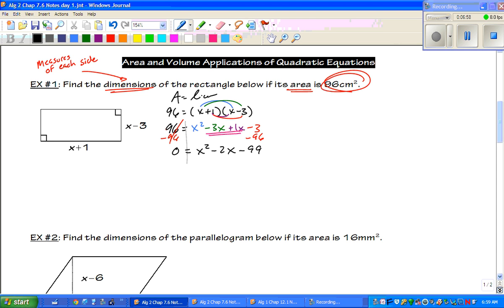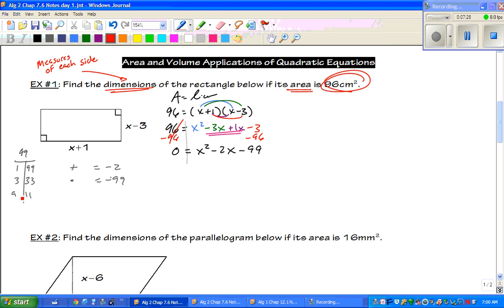Okay, and now we can factor. So we're looking for numbers that add up to get to negative 2 and multiply to get to negative 99. So 1 and 99, 3 and 33, 9 and 11.